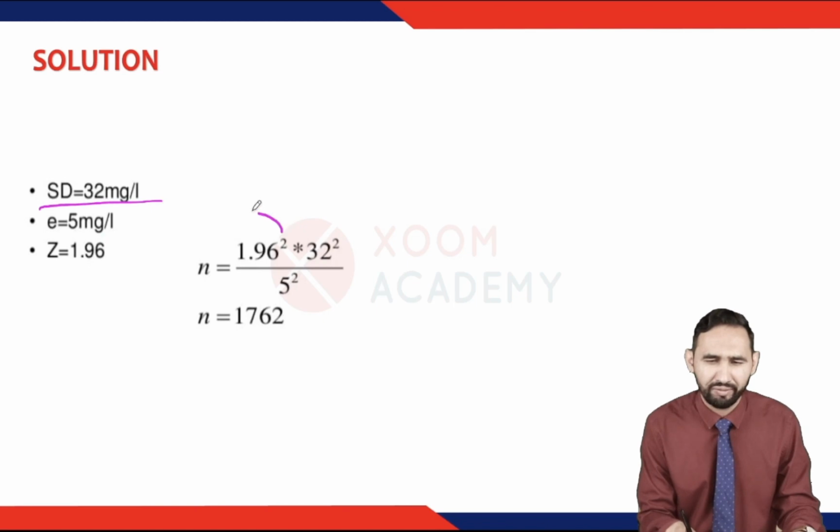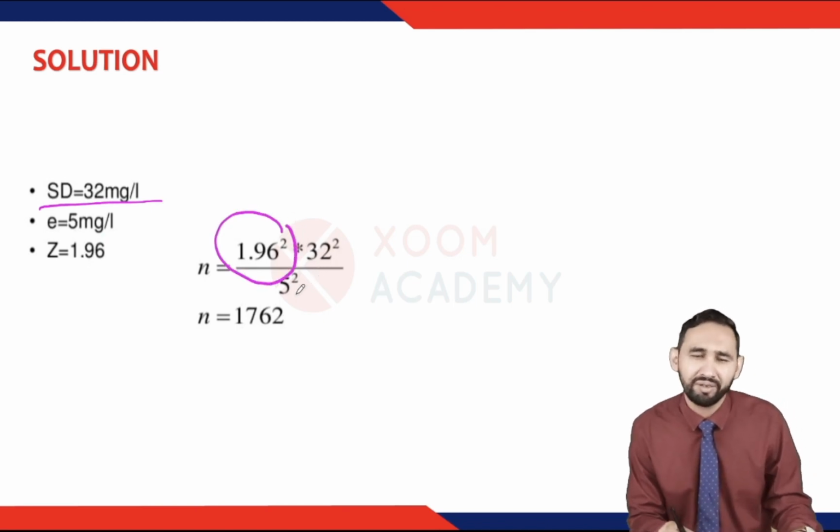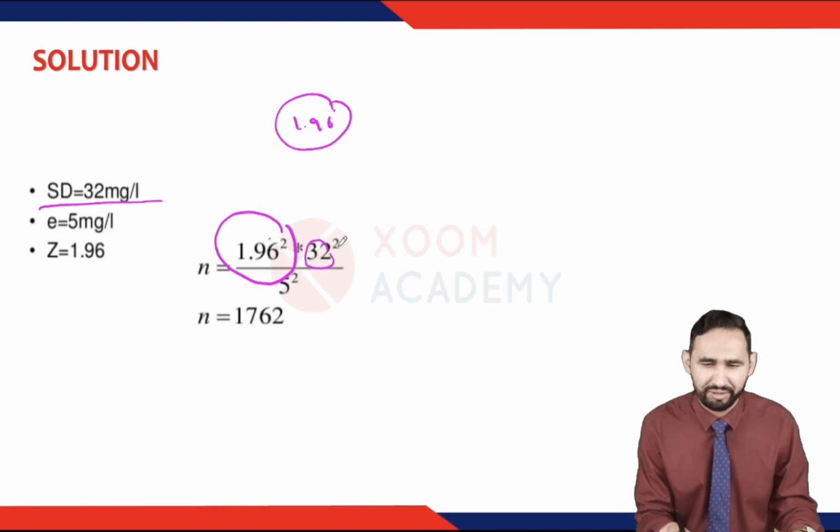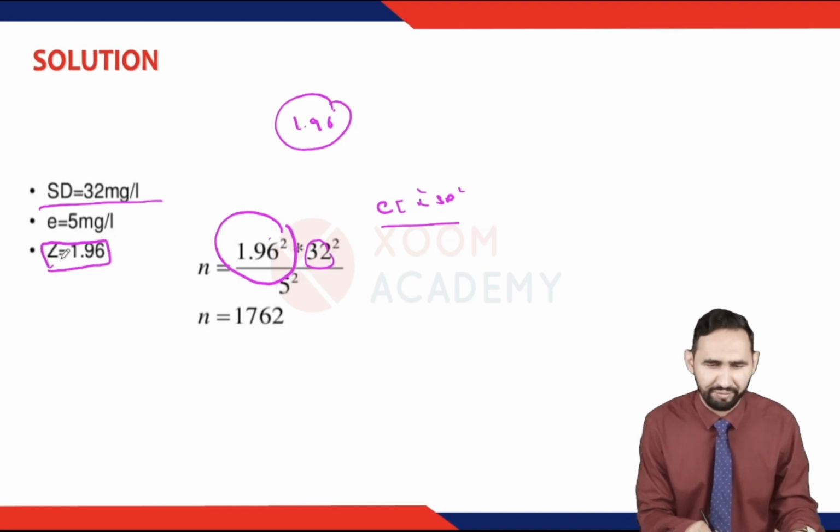We know that we always take a 95% confidence interval, which is equal to 1.96 standard deviations. So we multiply the square of the confidence interval by the square of the standard deviation, where Z is 1.96, E is 5 milligram, which is the error that is allowed, and standard deviation is 32.